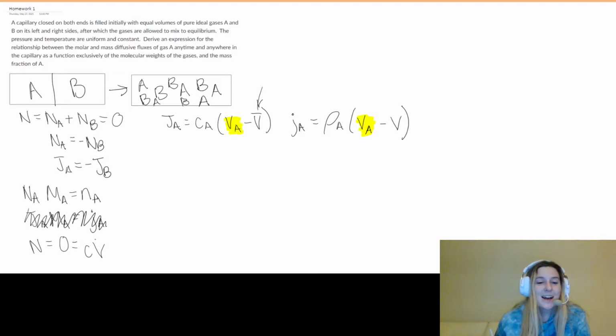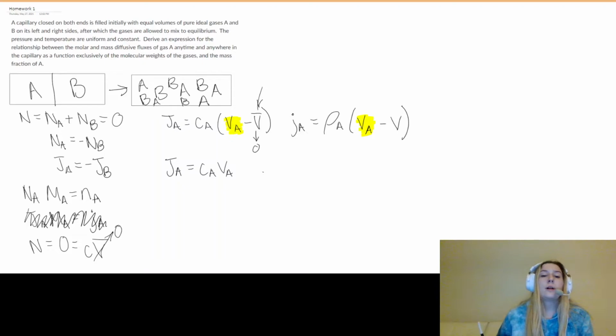Sorry. So we know that there's a concentration because there's gas in there, so this does not equal 0. So we know something has to equal 0 because the molar flux equals 0. So the average molar velocity is going to equal 0. So that means that this equals 0.